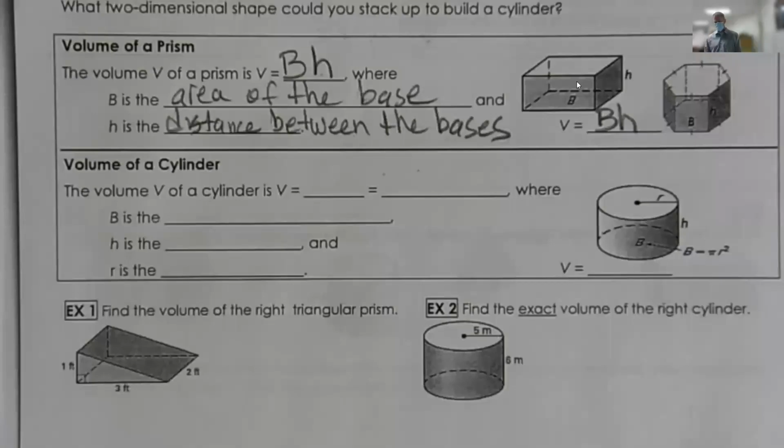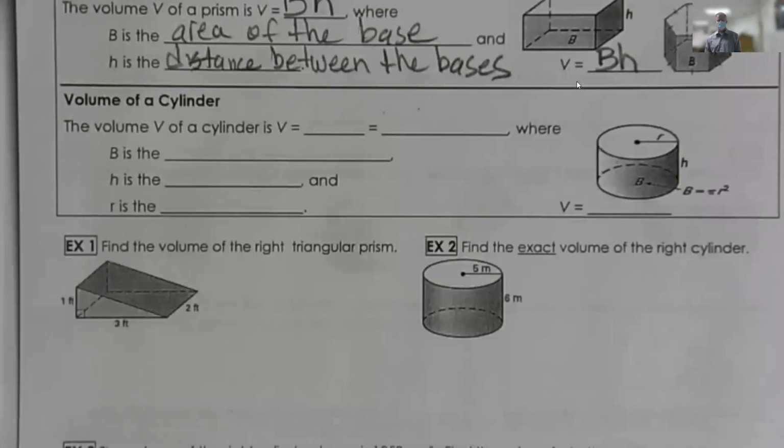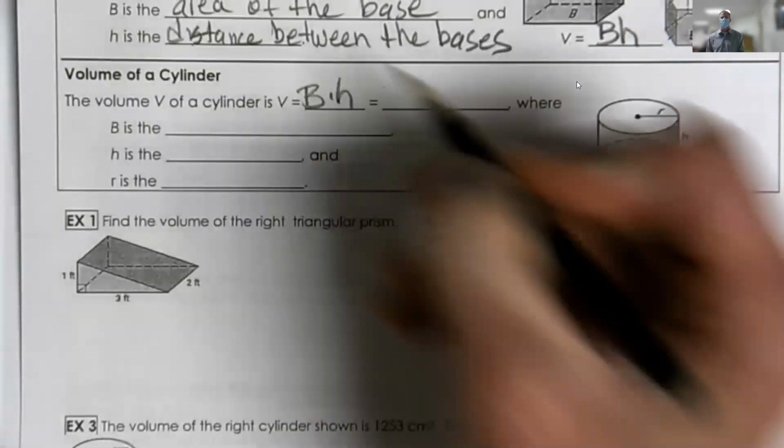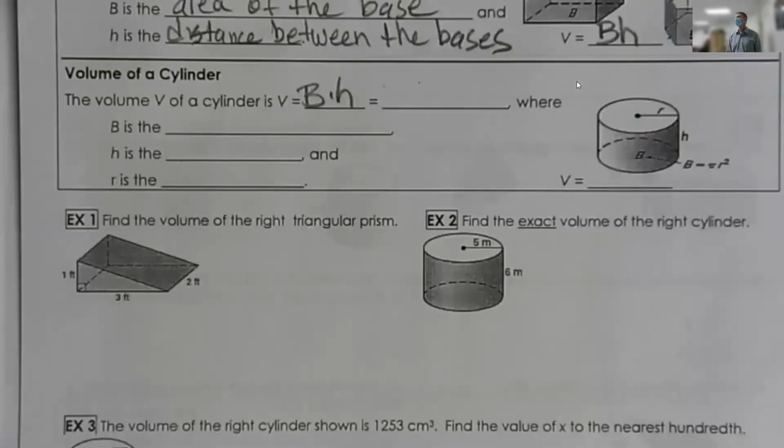When we look at the volume of a cylinder, the volume of the cylinder is very much the same formula. It's a capital B times H. But in a cylinder, the capital B is always the same thing. The base of a cylinder is always a circle.